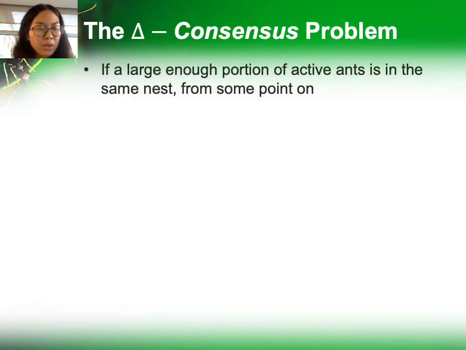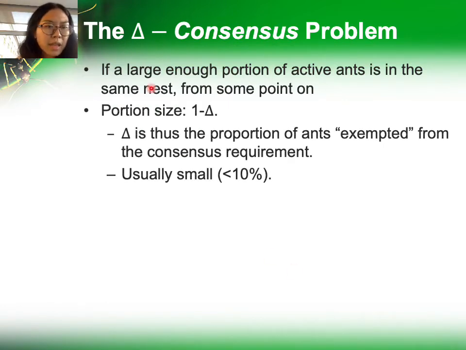And now I want to introduce the delta consensus problem. Intuitively, if a large enough portion of active ants is in the same nest, from some point on, we conclude that a consensus has been reached. Specifically, how large a portion? We use 1 minus delta to represent that portion size, and delta is therefore an input to our problem, and it can be thought of as the proportion of ants exempted from the consensus requirement.